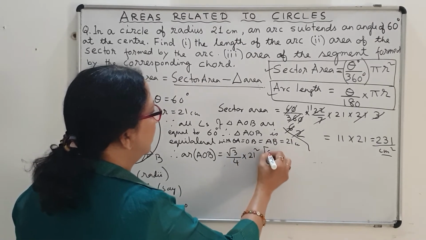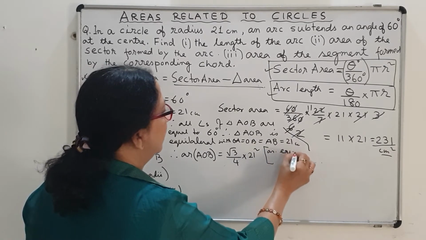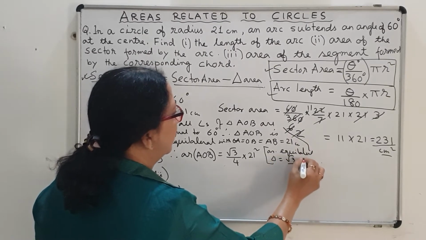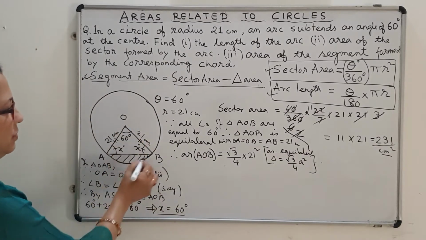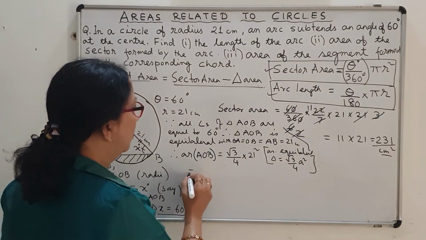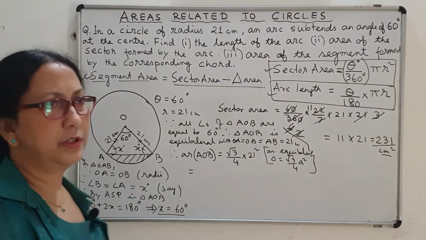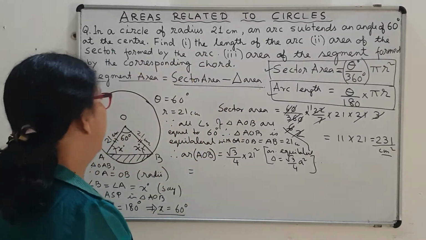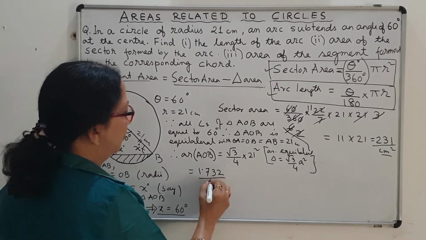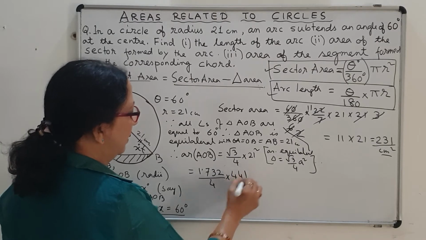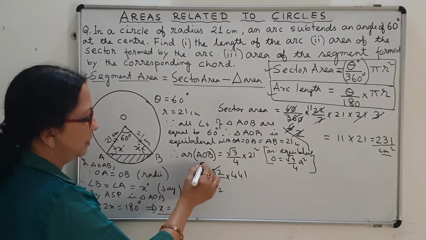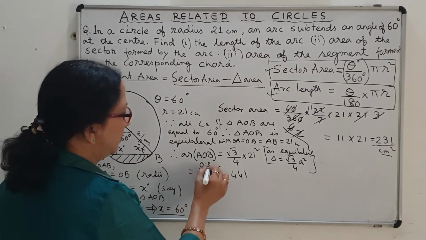Since the area of an equilateral triangle is root 3 by 4 a square, by this formula a is this side, 21. So now we have to find out this value. Root 3, the value may be given in the question, or then you can put the value. Generally the value is 1.732 divided by 4, and 21 square is 441. So we can cancel out 2, so it is 0.866.